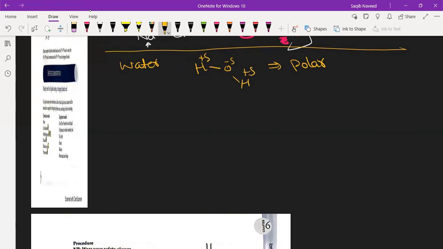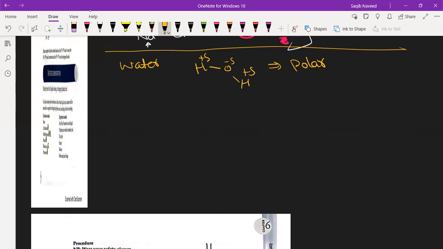You might say that if it is soluble in water, alcohol will be polar. I told you like dissolves like, polar dissolves polar. Alcohol is soluble in water, which means water is polar and alcohol is also polar. That is why they are soluble in each other. Got it?